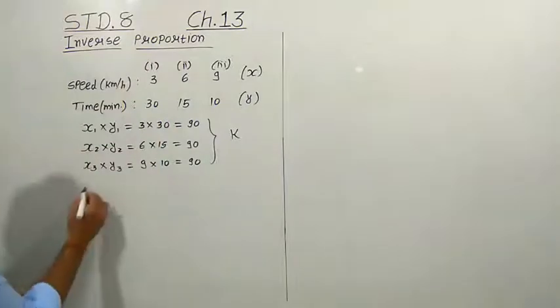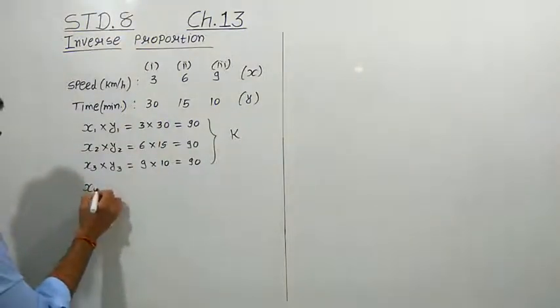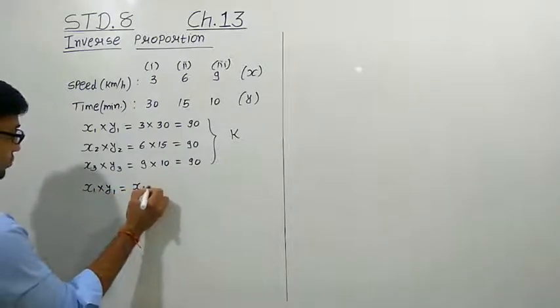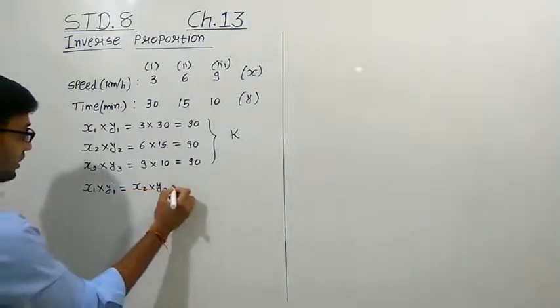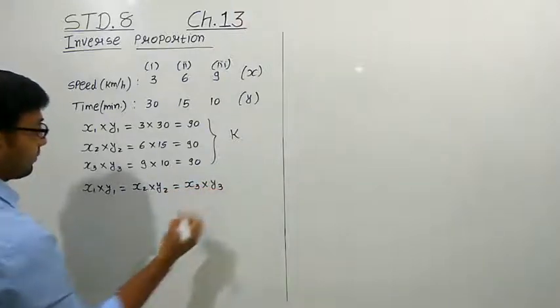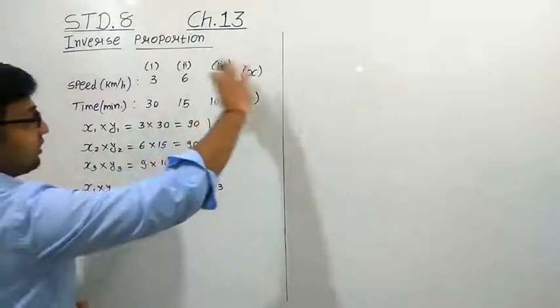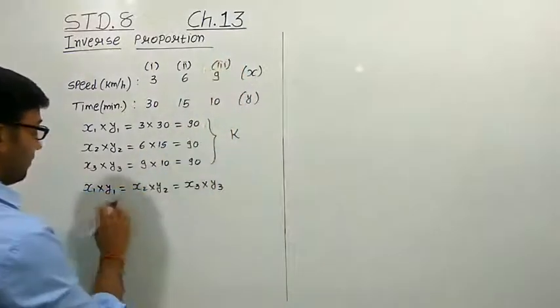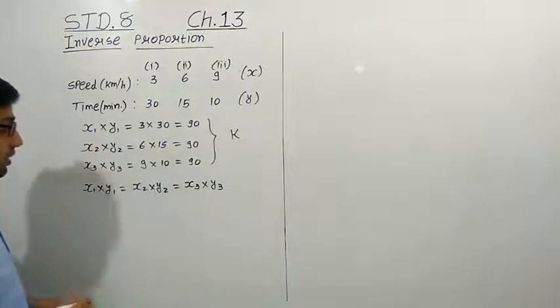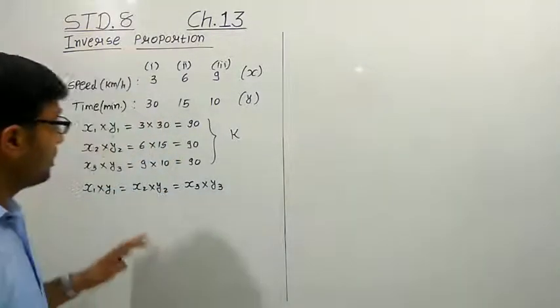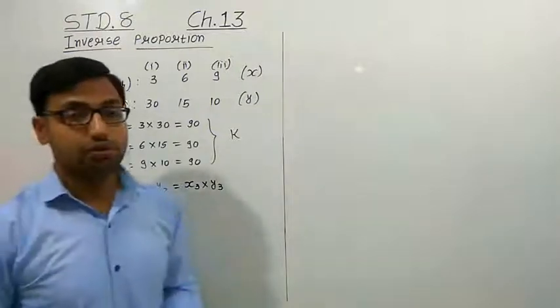In another way we can write it as x1 into y1 is equal to x2 into y2 is equal to x3 into y3. Here we have taken only three cases, that is why we write that all these three multiplications of the two quantities are equal. So this is the inverse proportion.